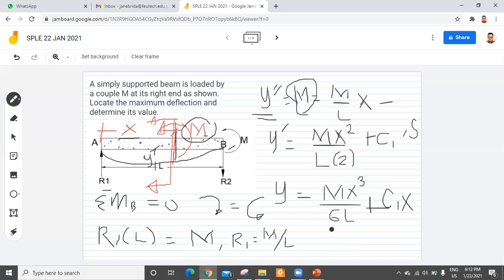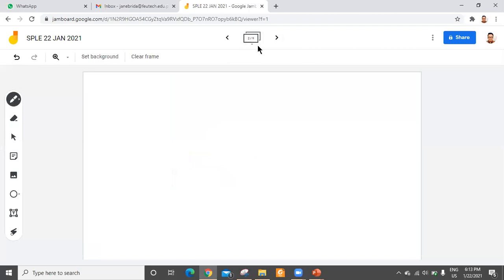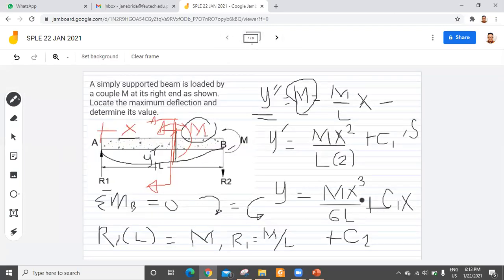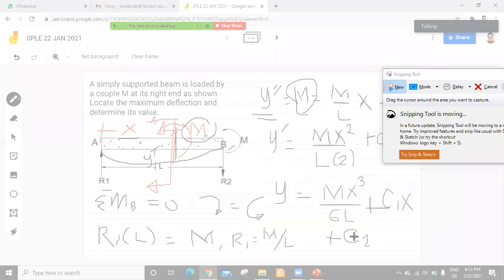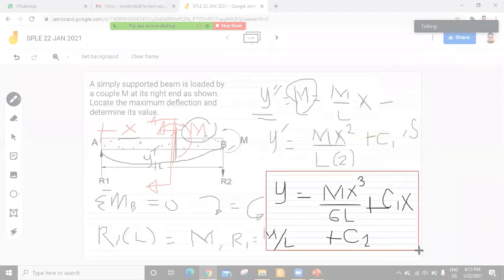And then you have plus C2. So from here, we have now the equation. What you are going to do next is to substitute the value. We have this one.